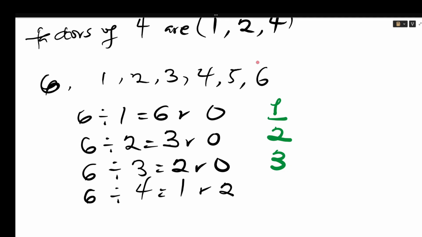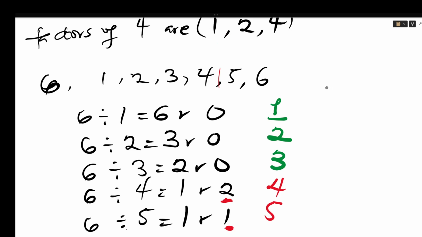Unfortunately we have a remainder. Therefore 4 is not a factor of 6. We move on to 5. So 6 divided by 5 is also 1, remainder 1. And unfortunately, since we have a remainder, 5 can't be a factor of 6.